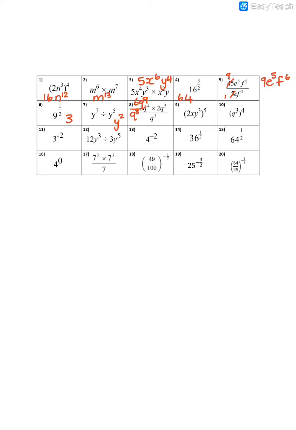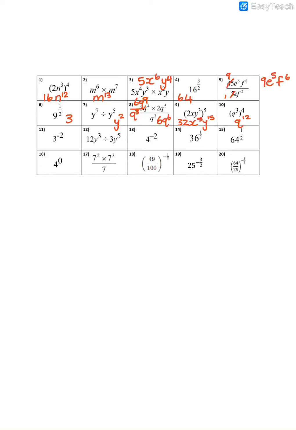So q to the power of 9 divided by q to the power of 3 is q to the power of 6. So 6q to the power of 6 is the correct answer. Number 9, 2 to the power of 5 is 32, x to the power of 5, y to the power of 15. Number 10, q to the power of 12.